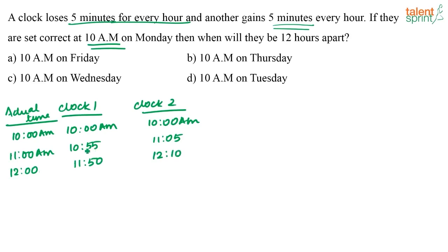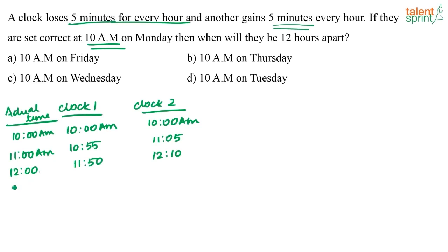Every hour this clock is losing 5 minutes. So in the first 1 hour it has lost 5 minutes. In the next 1 hour it will lose another 5 minutes. So it will not show 11:55, right? It will show 11:50 because it is going behind by another 5 minutes. Here it is gaining 5 minutes after every hour. So this is how the timing between the clocks will be.